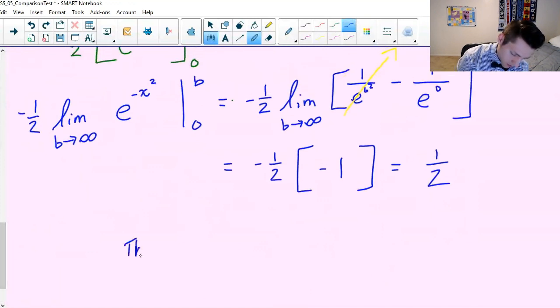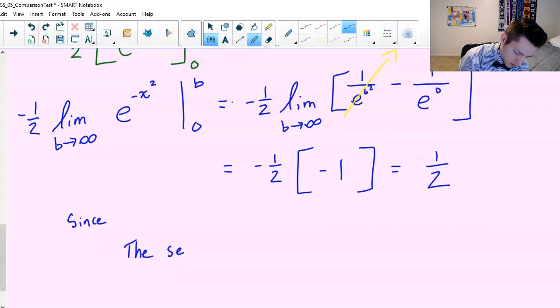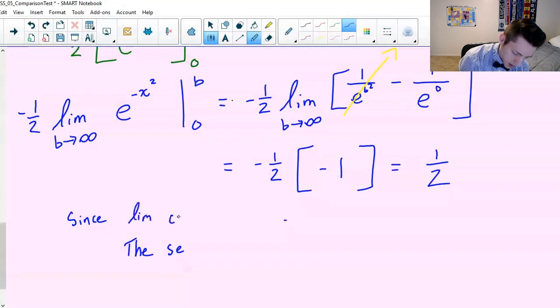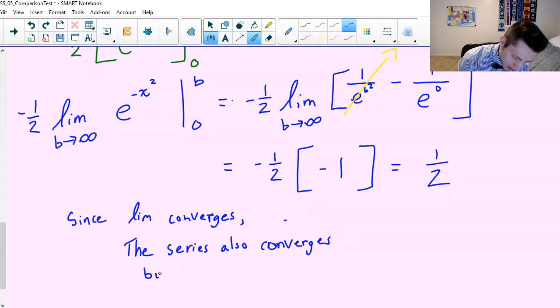So we know since the limit converges, the series also converges by the integral test.